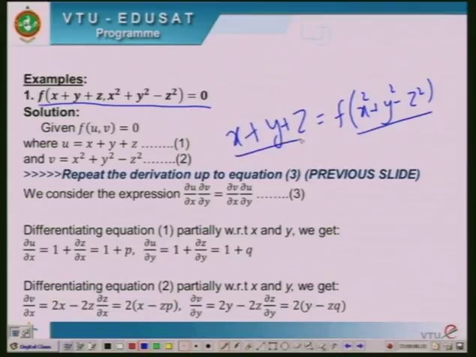You will see that if you apply the previous method, you come back to the same PDE. The PDE obtained by this method as well as the PDE obtained from the previous method are one and the same. Now, let us follow the method illustrated now.